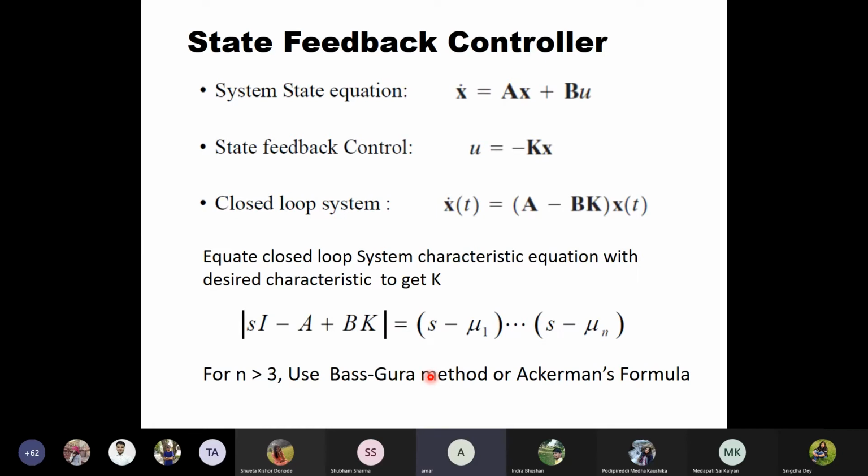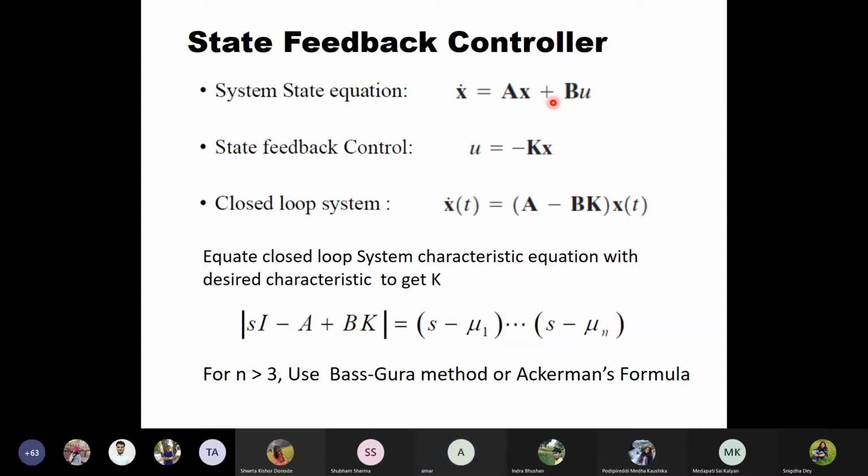Now here, when we are designing the state feedback controller, you can see the equation over here: u = -Kx, where x is the states, the state variables of the process. The problem here is that the state variables of the process are not measured.